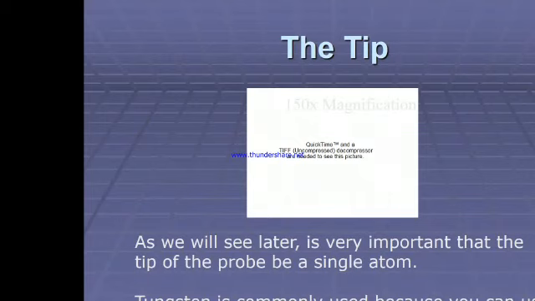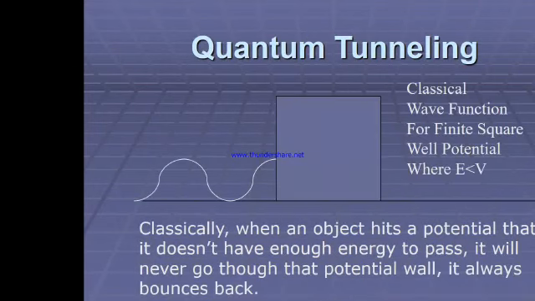The tip is generally the size of an atom. What we have here is quantum tunneling. Classically, when an object hits a potential that it doesn't have enough energy to pass, it will never go through that potential wall. It always bounces back.